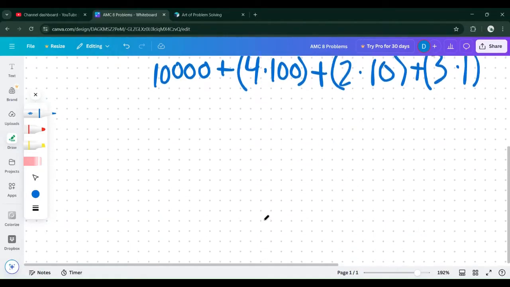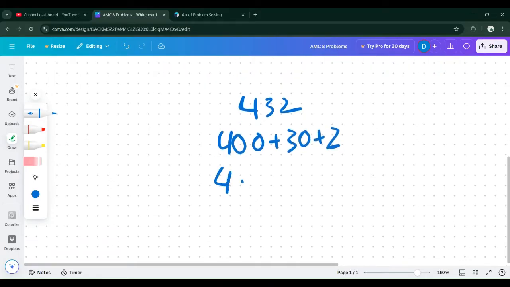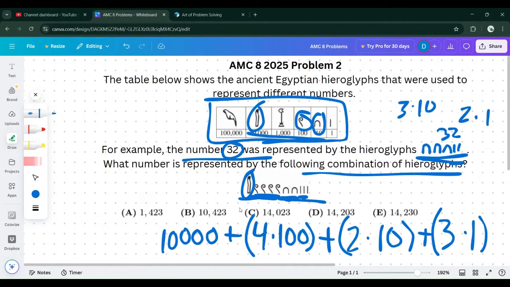Let's just bring up an example, 432. We can rewrite this as 400 plus 30 plus 2. We can write this 400 as 4 times 100, this 30 as 3 times 10, and this 2 as 2 times 1. And again, they're just basically like these hieroglyphics.